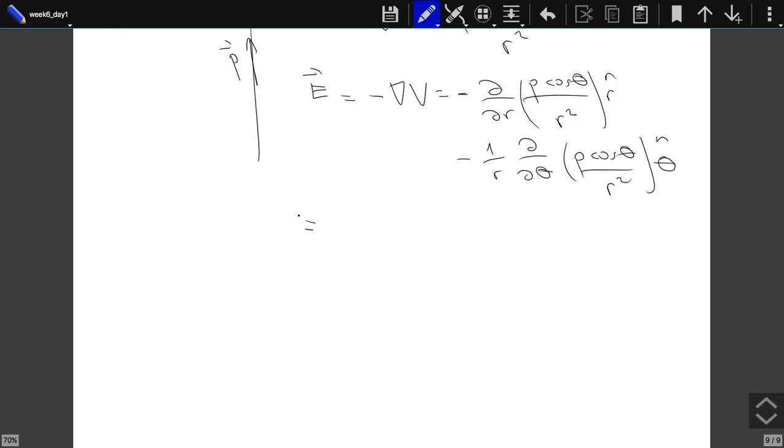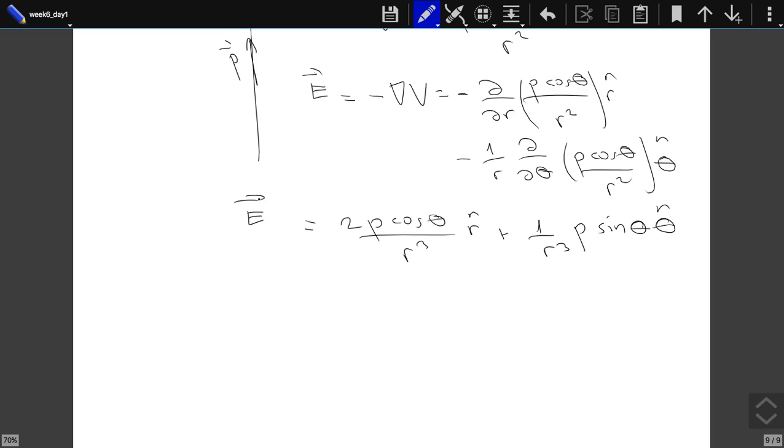If you take the derivatives, this is just twice p cosine theta over r cubed in the r hat direction, plus p sine theta over r cubed in the theta hat direction.